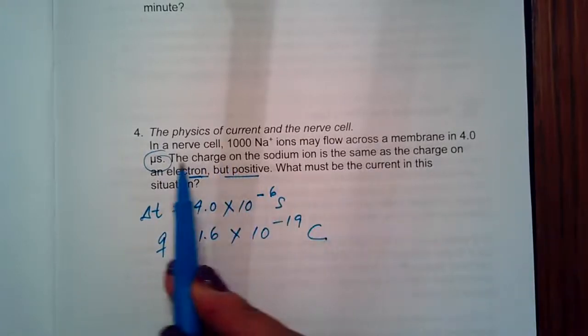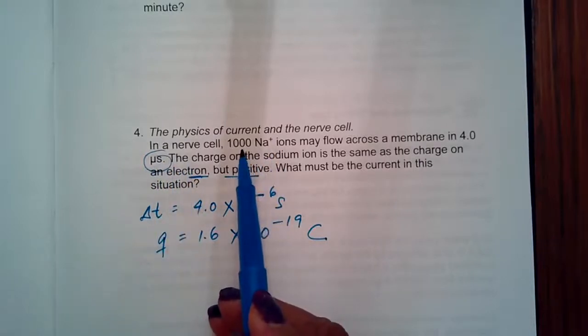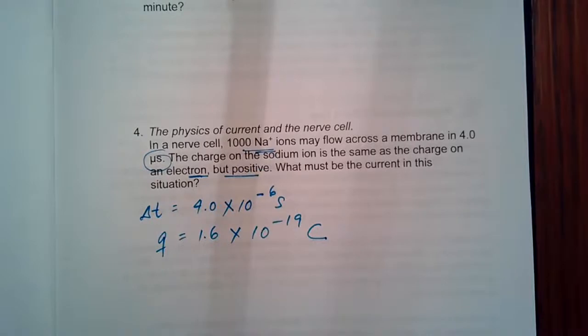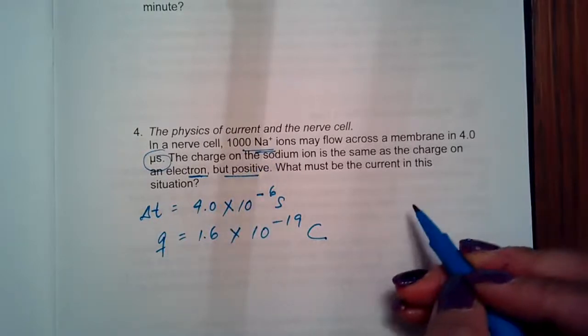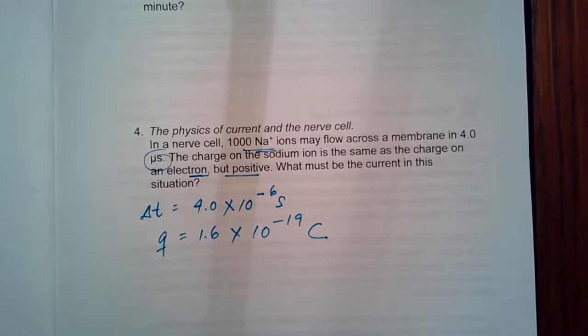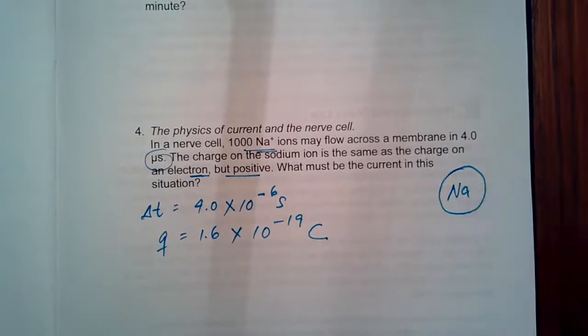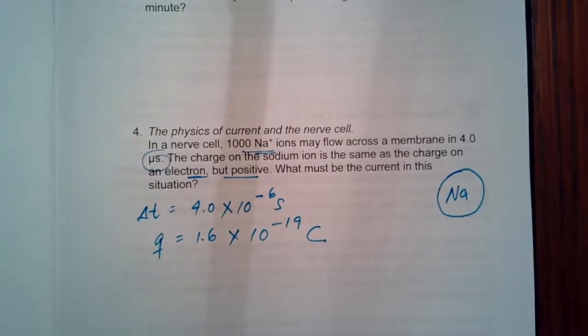But if you take a look at the question, it says in a nerve cell, you have 1,000 sodium ions. That means that to create that, you have to have 1,000 electrons taken away from the sodium to make it a positive charge. Just a quick review: this sodium has 11 electrons, 11 protons.